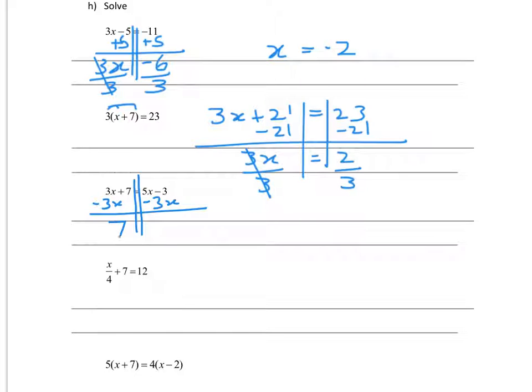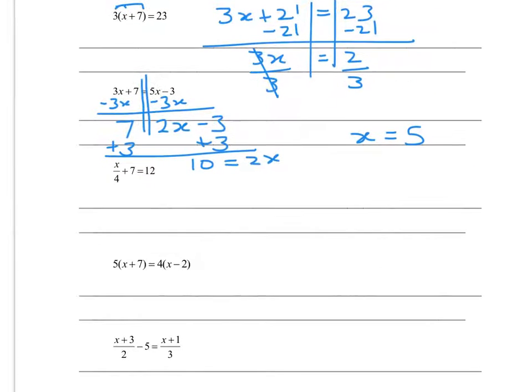So I only have 7 over here. 5x minus 3x is 2x minus 3. This right-hand side has the x's, so I'll get rid of the 3, plus 3 on both sides. So that will leave me with 10 equals 2x. So x must equal 5. 2 times 5 is 10.